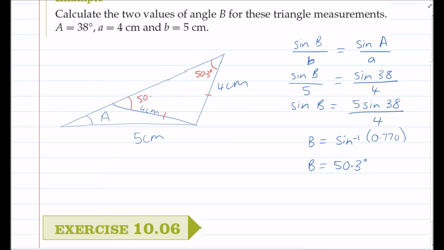Those two sides form an isosceles triangle, which means that's also 50.3 degrees, which means that this angle in here is going to be 180 minus 50.3, and so that's going to be 129.7 degrees. So our other value for B is 129.7 degrees, and those are our two possible answers depending on which triangle we are dealing with here.